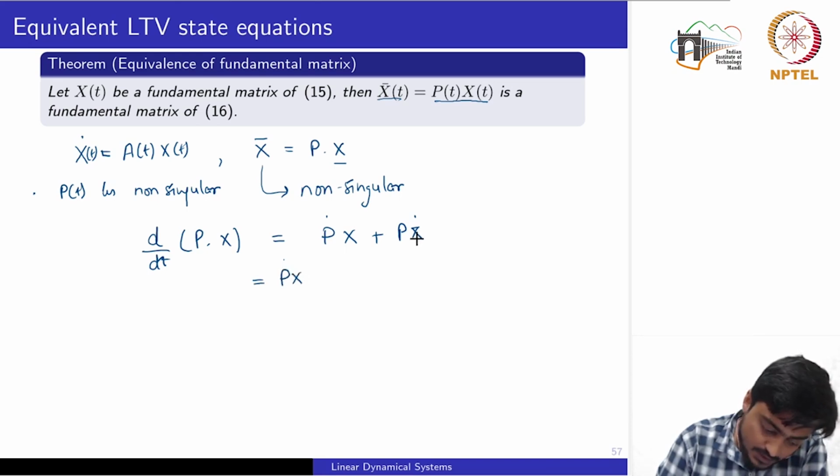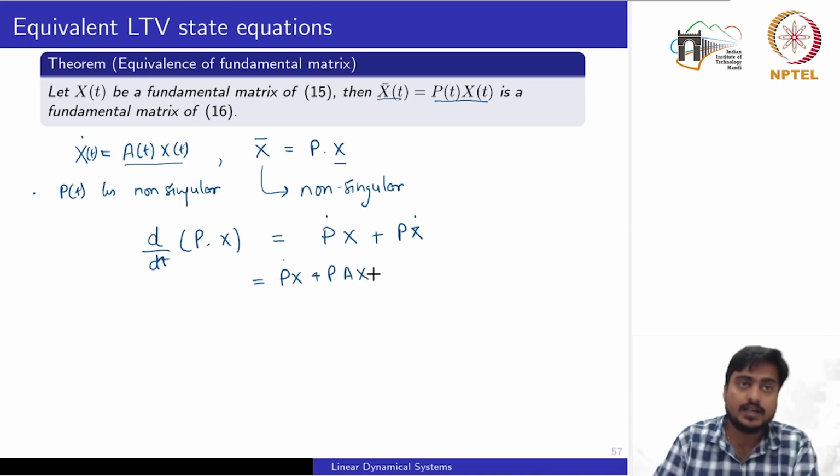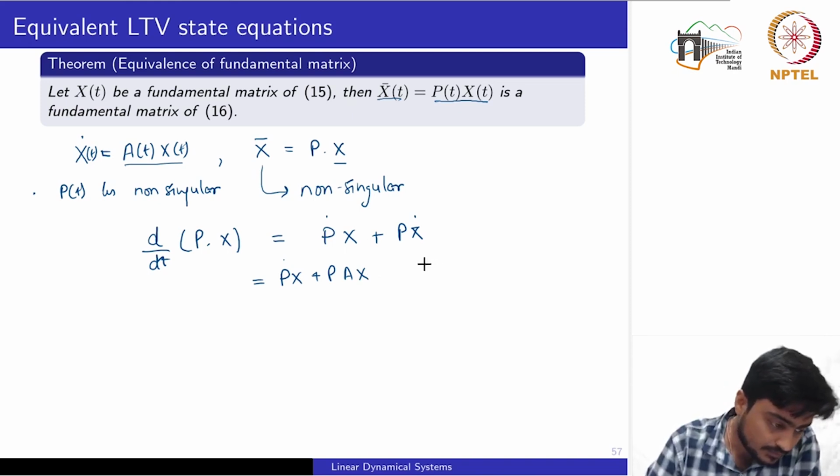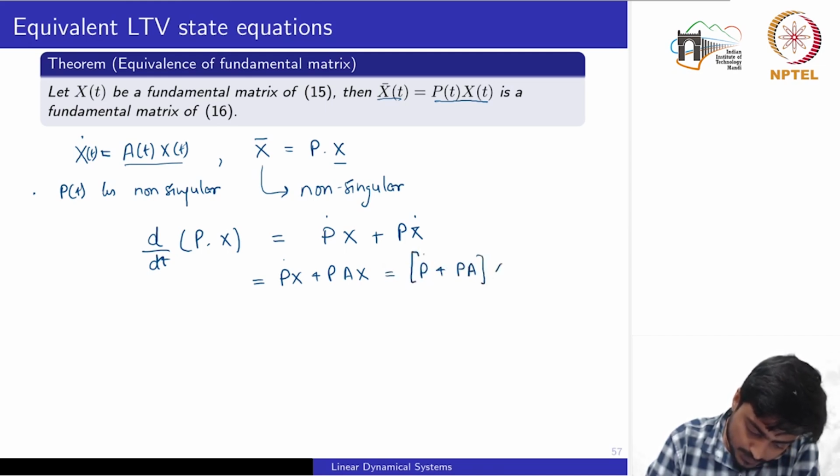Now replacing this x dot by this equation, we would get P A into x. Again, all the arguments of t are implicit, which I can write as P dot plus P A into x, by taking x common from both the terms.